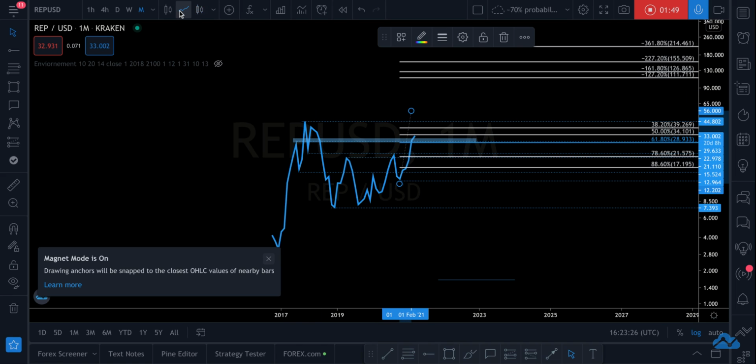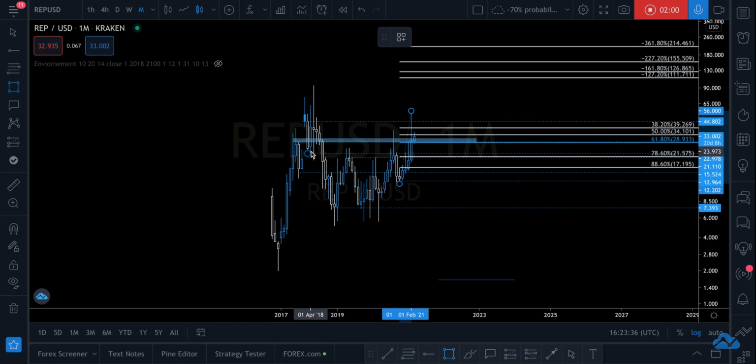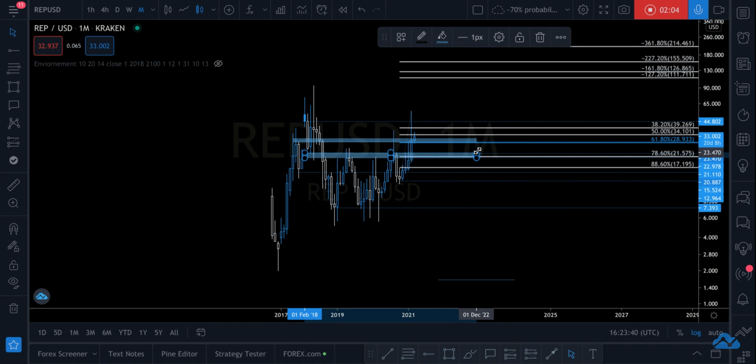And just real quick, I want to come back here. So basically, this is another potential zone of support for us. So what I'll do is I'll mark that one out as well.